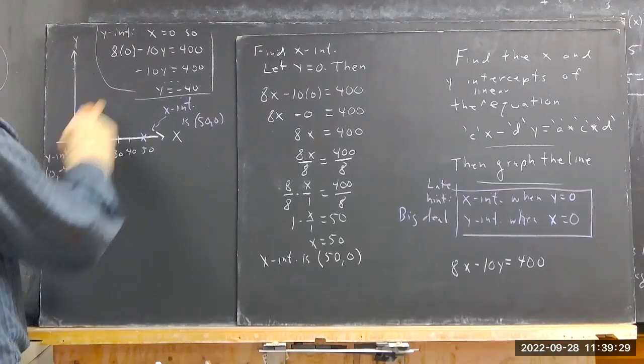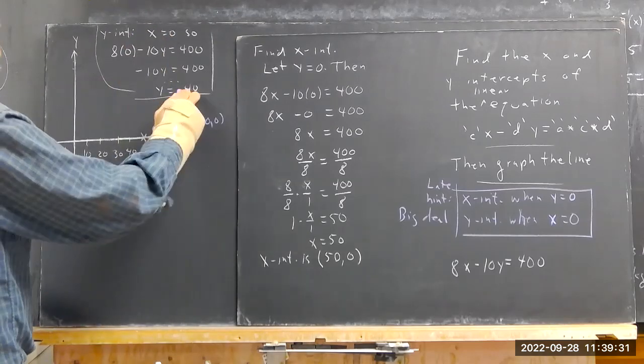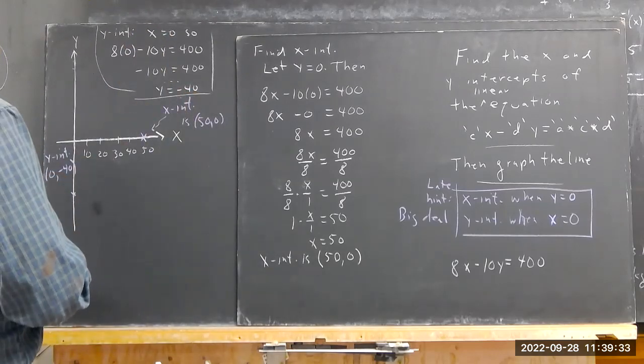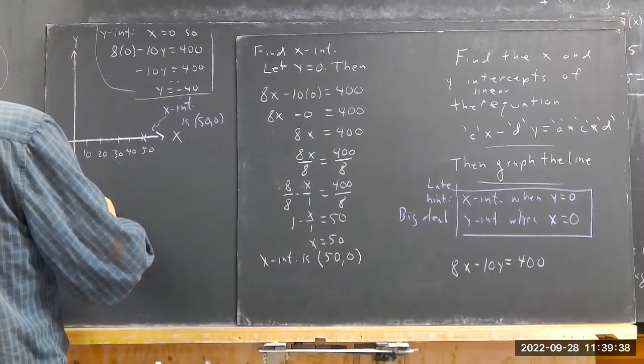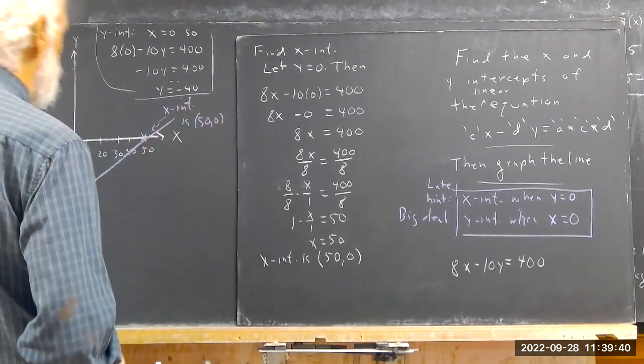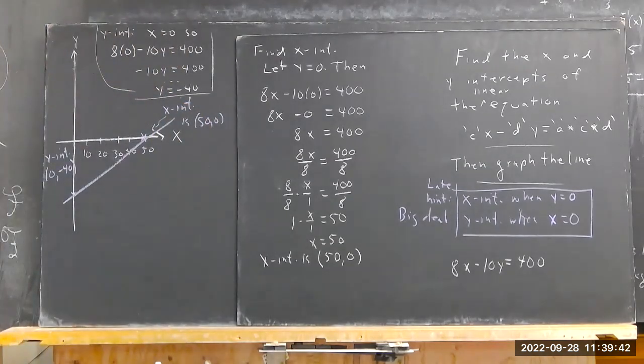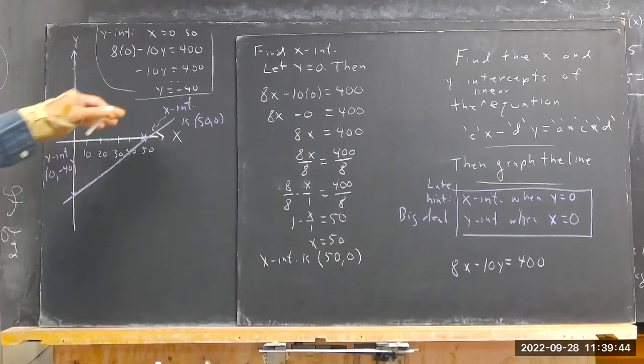X is 0, and it follows that y is negative 40. So there it is. And now we simply draw. It should have been a straight line through the points, but I'm a little low. Okay, there we got it.